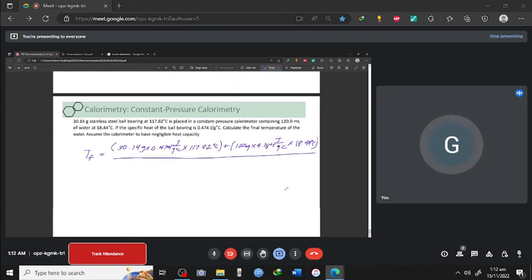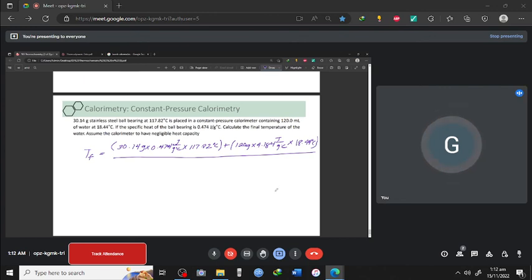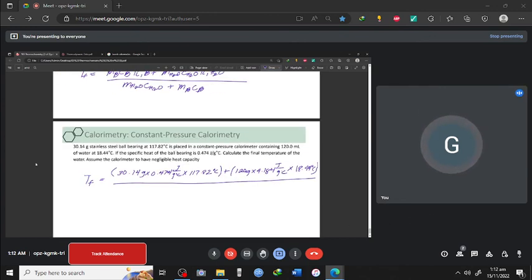So, over sa baba. Punta tayo sa baba, which is mass ni water, 120 grams multiplied by the specific heat of water, 4.184 joule per gram degrees Celsius, plus mass ni ball, rather 30.14 grams, multiplied by the specific heat of ball, which is 0.474.